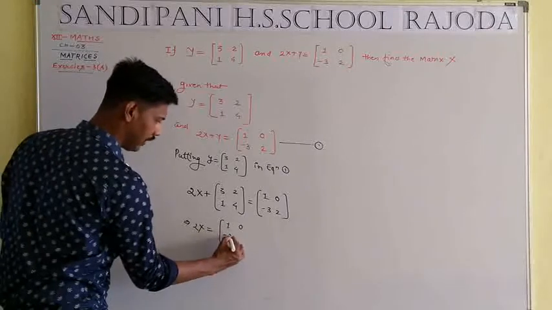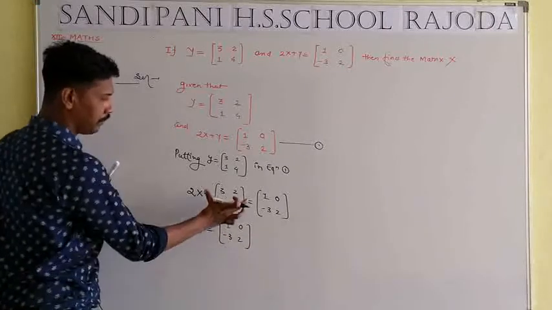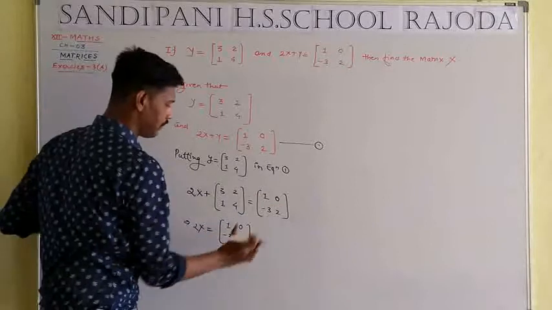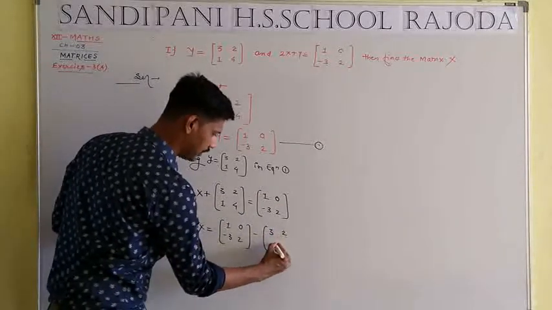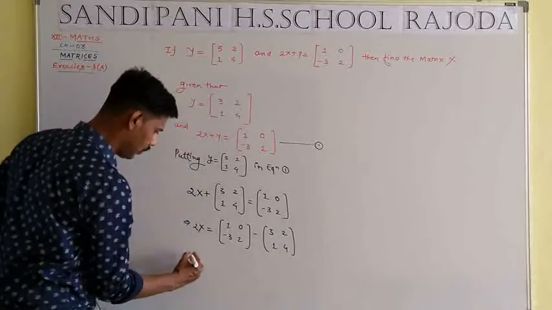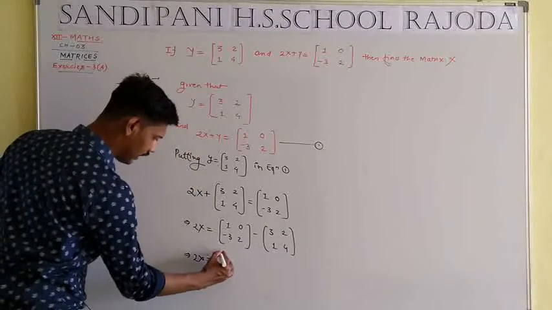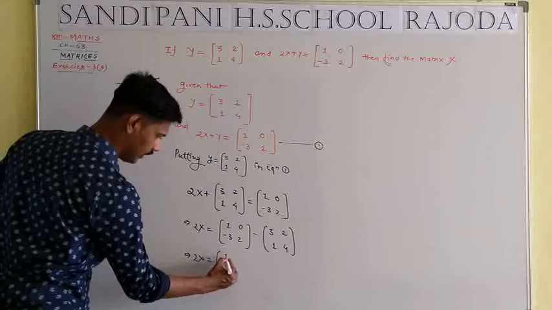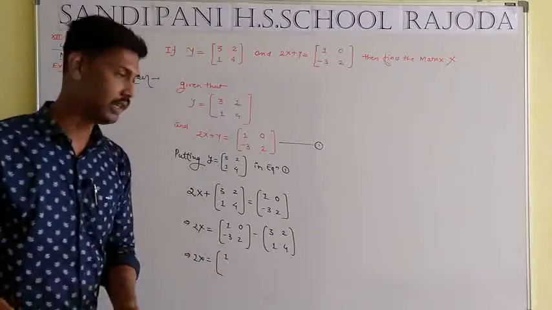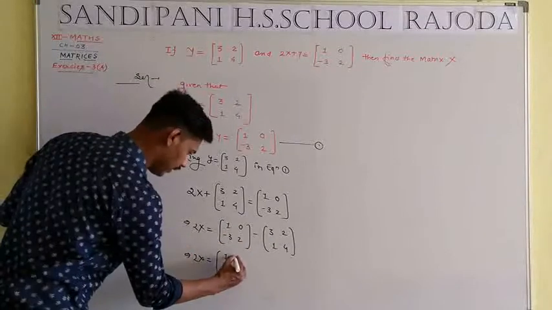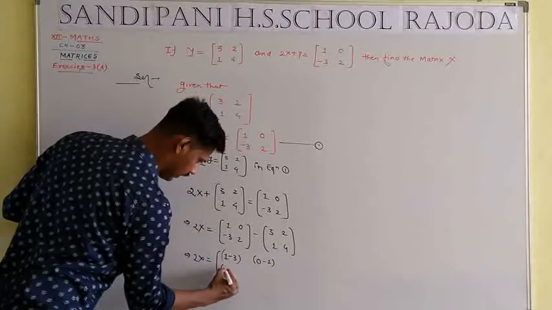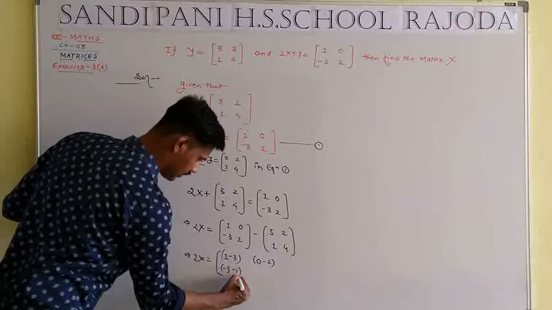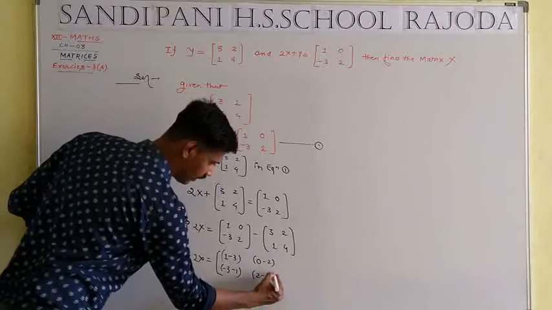1, 0, minus 3 and 2. The matrix is transferred from LHS to RHS, converting with the opposite sign. So 2x equal to the first element subtract by the first element, then second minus second, then third minus third, and fourth minus fourth.